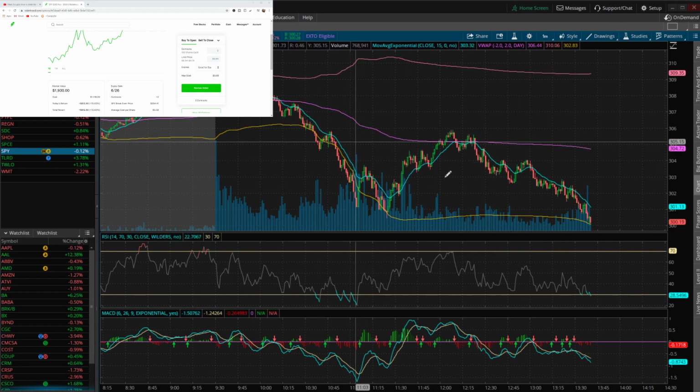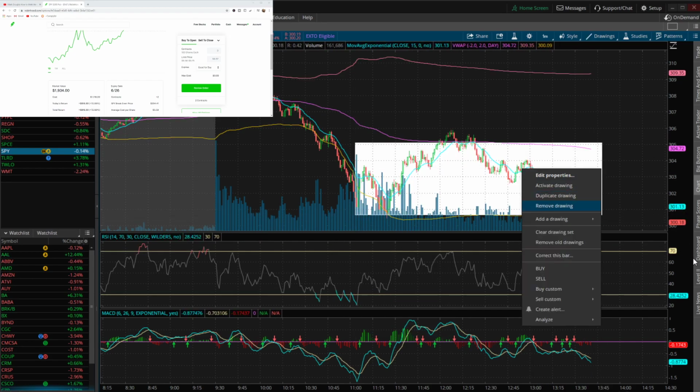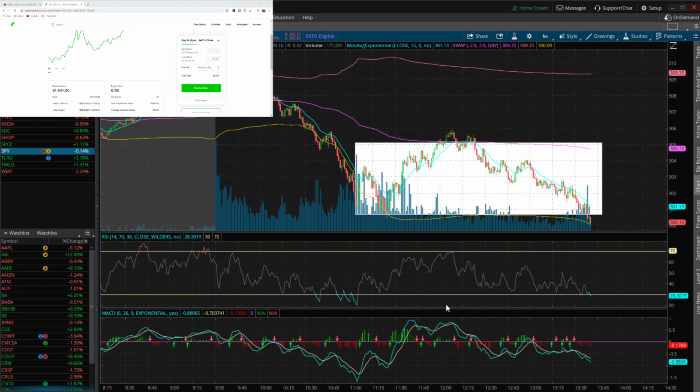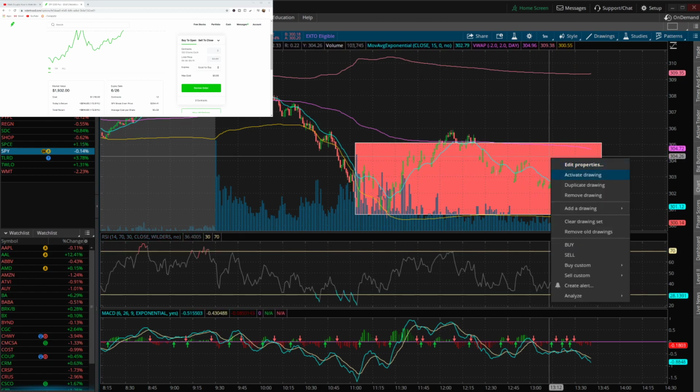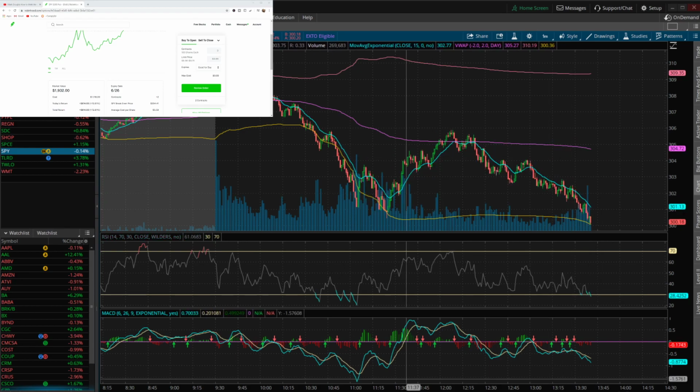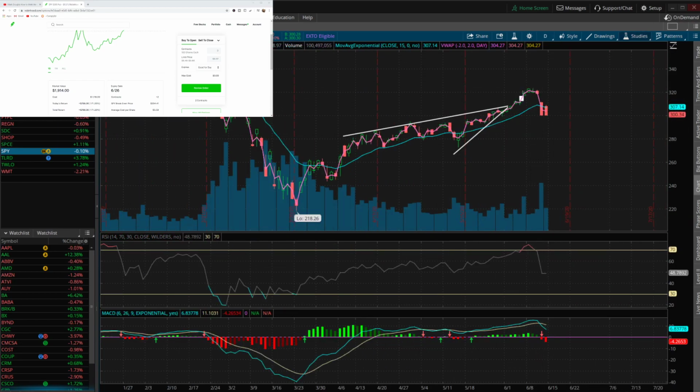Now, if it's trading between the bottom 2 VWAPs, then this means it's going to be bearish intraday, right? VWAPs are only going to work if you're trading on the 1 minute, 5 minute, at the most maybe 15 minute. This is an indicator that's primarily used only for day trading. You're not going to use this on a daily. Like you can see if I pop this on a daily, it's going to look ridiculous, right?